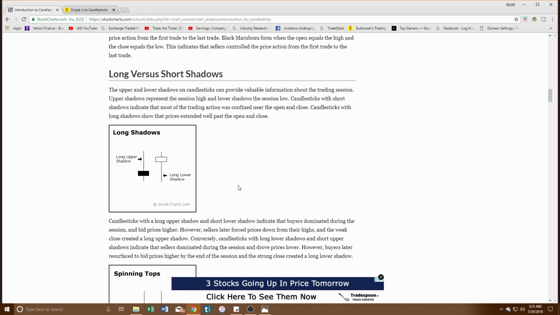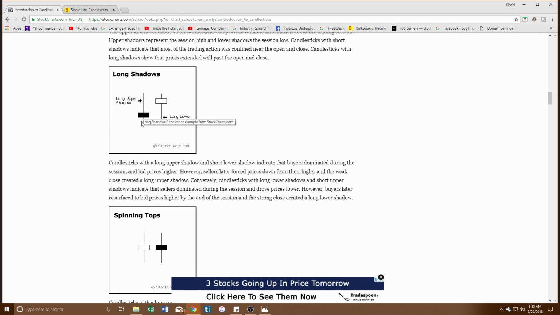Upper shadows represent the session high, and the lower shadow represents the session low. Candlesticks with short shadows indicate that most of the trading action was confined near the open and close. Candlesticks with long shadows show that price extended well past the open and close.